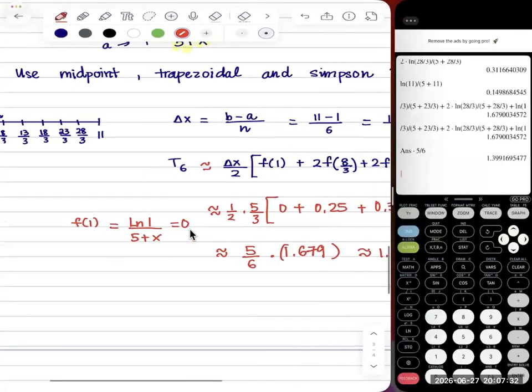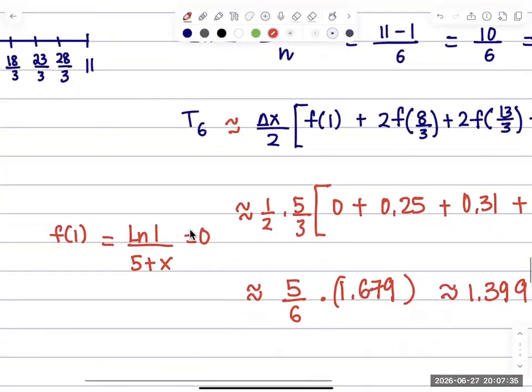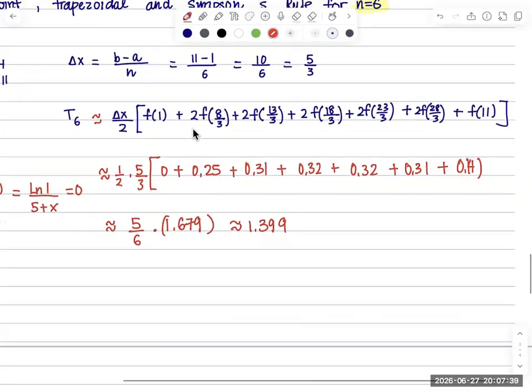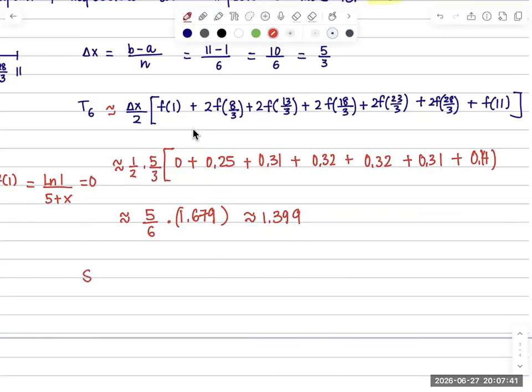And then for the Simpson rule, we're going to use the same values of x. The only difference is their coefficient. Okay, so for the Simpson rule with 6 subintervals, we will have delta x over 3 instead of over 2. And then we also have f of 1, but instead of 2 times f of 8/3, we have 4 times now.